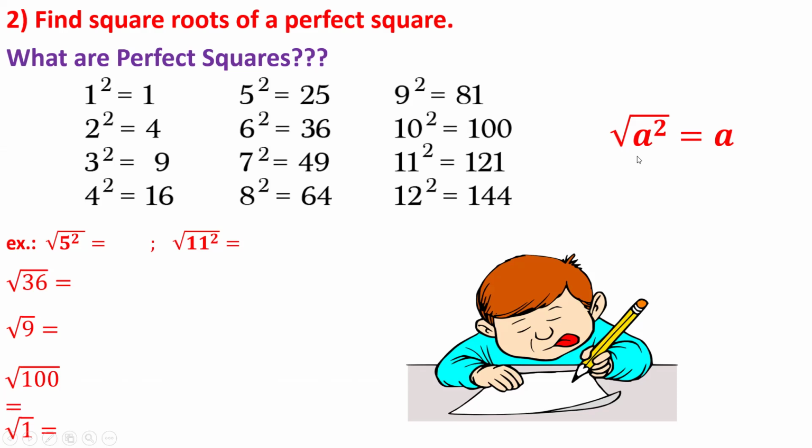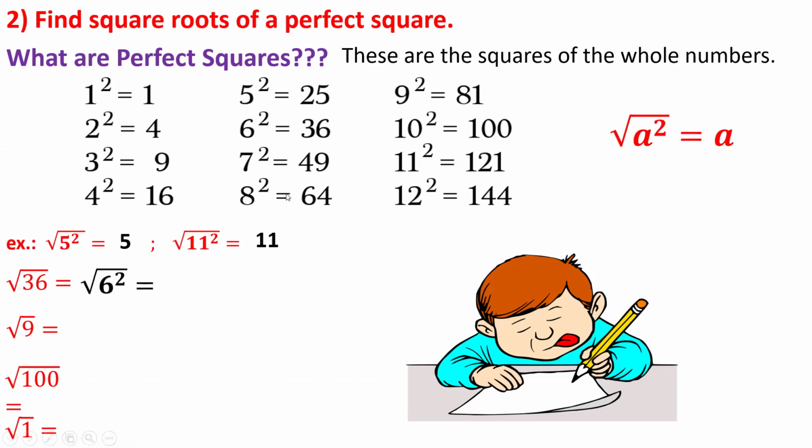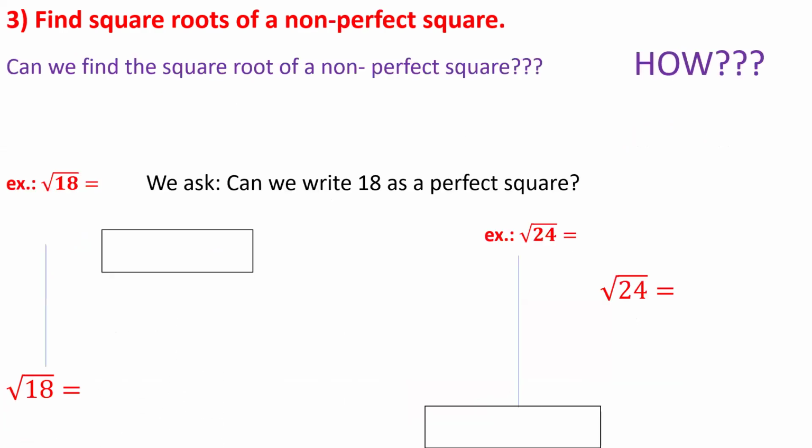And don't forget that radical A squared is equal to A. For example, if I have radical 36, I ask, can I write 36 as a perfect square? Yes. How do we write it? It's written 6 squared. So it is radical 6 squared, then the square cancels the radical and the answer is 6. In this way, we find the square roots of perfect squares.